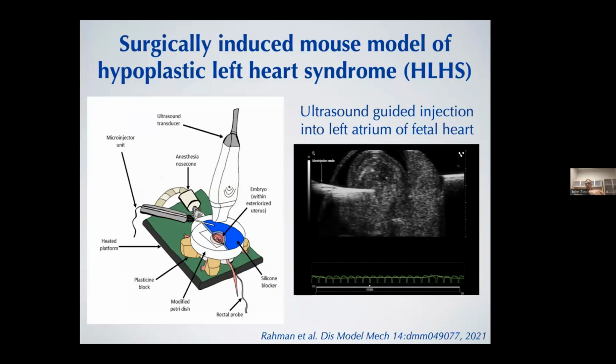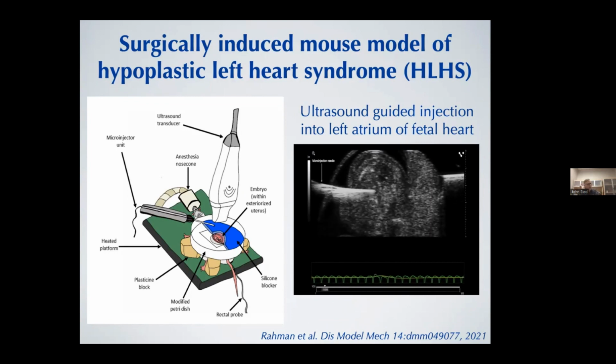The specific type of congenital heart disease that we wanted to model is called hypoplastic left heart syndrome, where the left side of the heart doesn't grow as much, and so it very much has to rely on the right side of the heart in order to distribute the fetal blood.